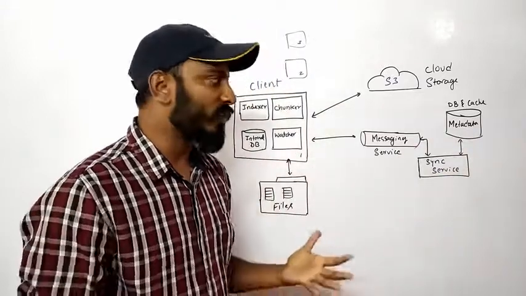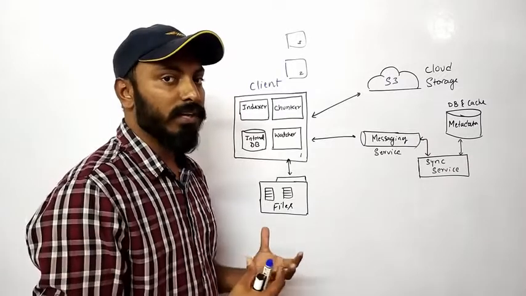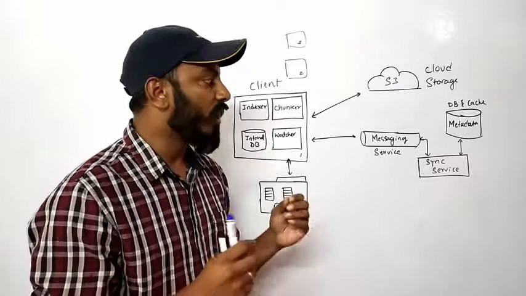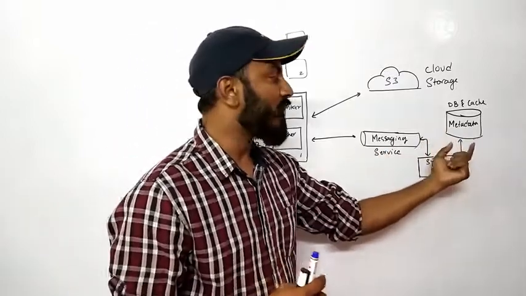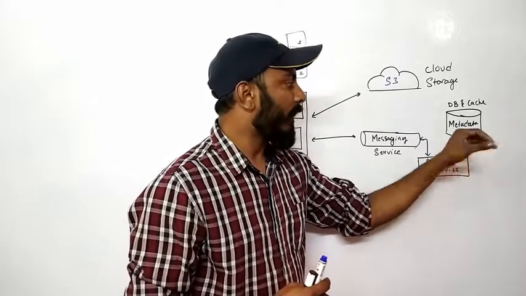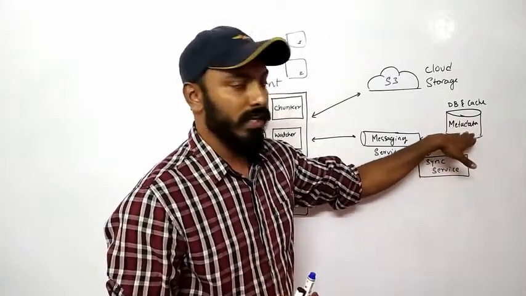Usually it is MySQL because we need it to be consistent. The metadata, the data of the chunks or the hashes, should be saved in a consistent manner. So for now, let's consider we're using a MySQL DB, and we update all of this information into the database.